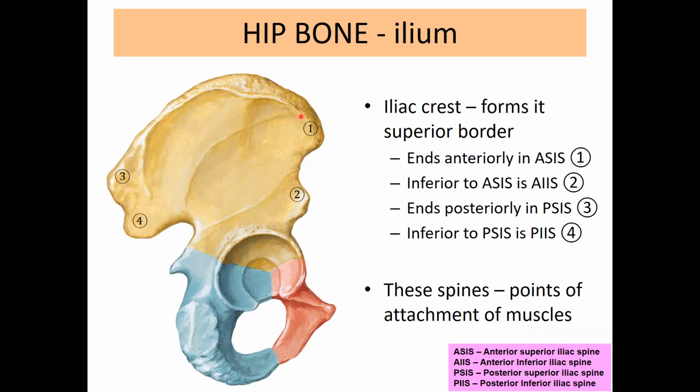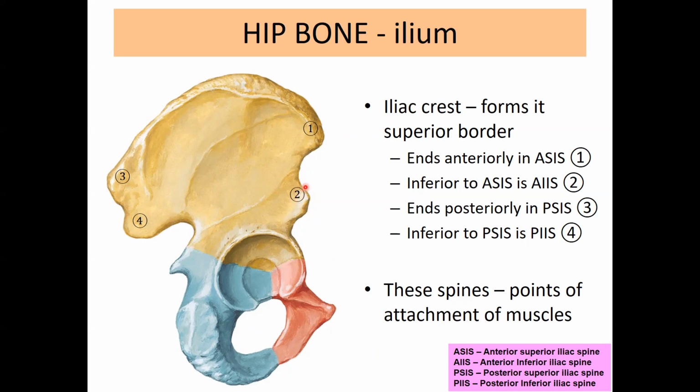Below the anterior superior iliac spine is the anterior inferior iliac spine, AIIS, and posteriorly below the PSIS, there is the posterior inferior iliac spine, PIIS. These spines provide points for attachment of muscles.